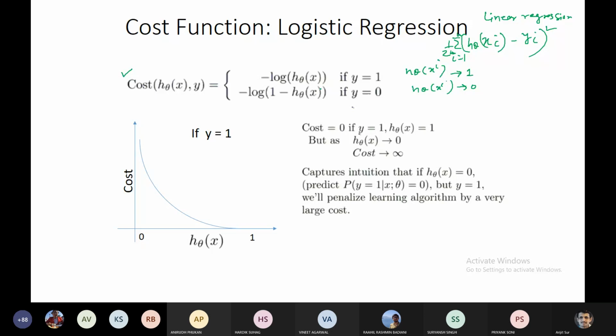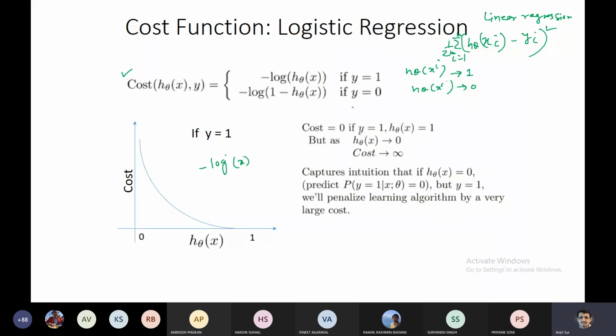So what is basically that means? Look at this curve. This curve is basically a log of h theta x, kind of log x. Now you see that this is minus log of x.